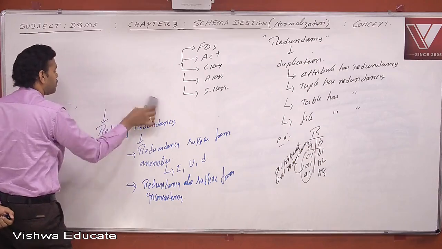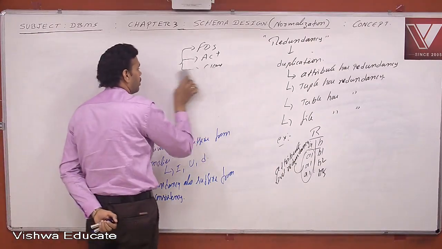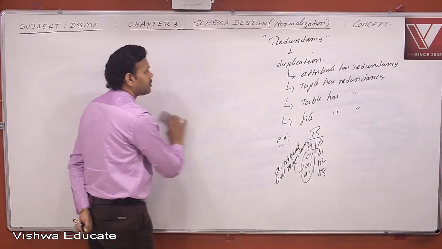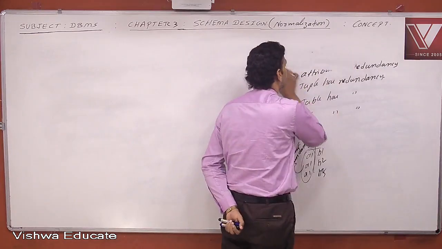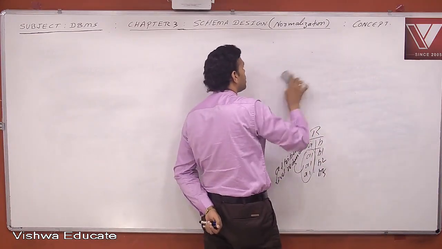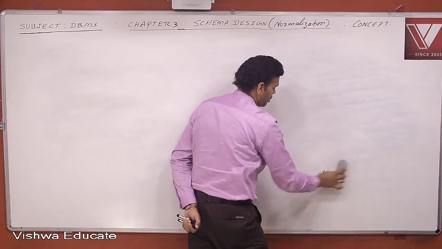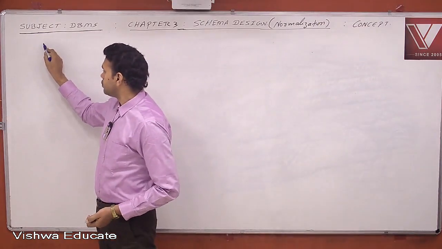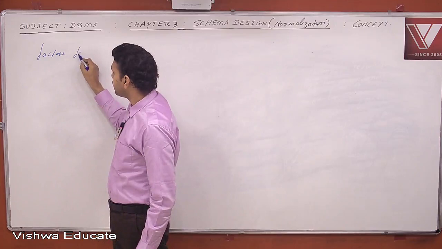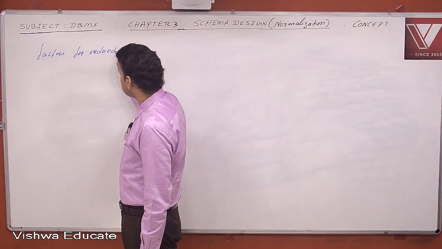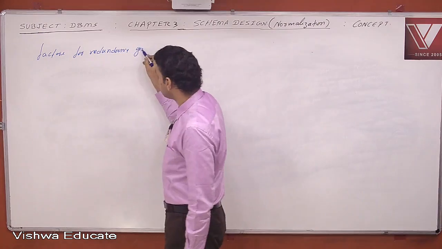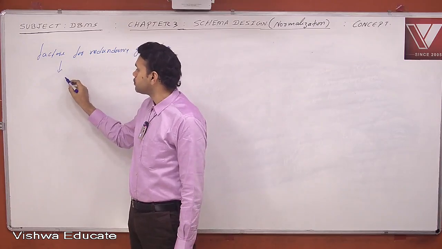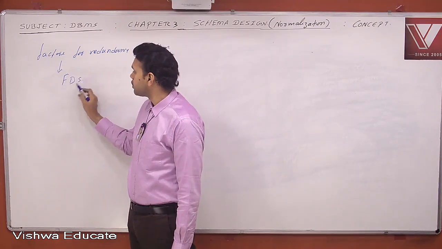You want to see, friends, now what are the reasons for redundancy generation? The factors for redundancy generation: number one, functional dependencies.